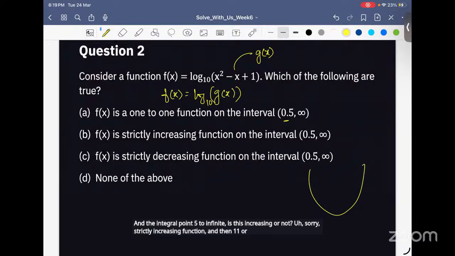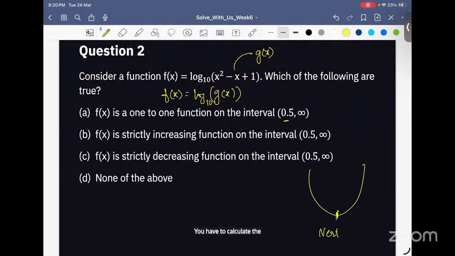For this quadratic equation, tell me from which point to which point the function is decreasing and increasing. You have to calculate the vertex.